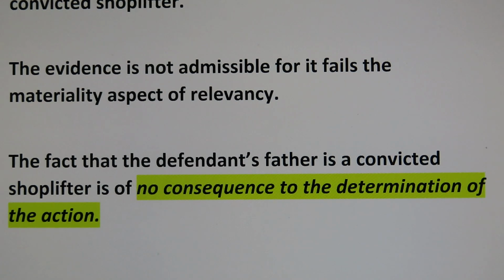We did say for an item of evidence to be relevant, it must satisfy both aspects of relevancy. So for this evidence, the copy of judgment showing the defendant's father is a convicted shoplifter, this evidence fails to satisfy the materiality aspect of relevancy, so it is irrelevant. It would not be admissible.